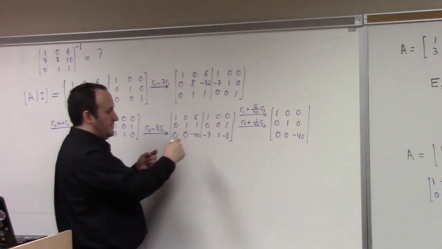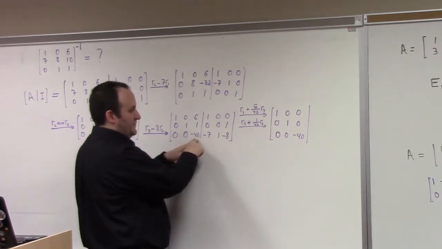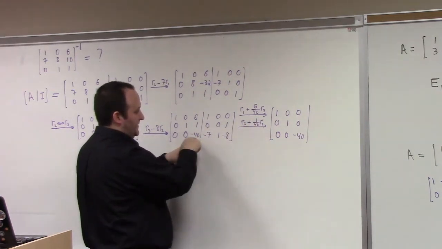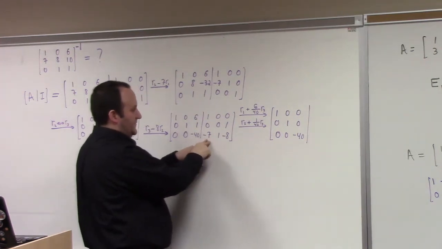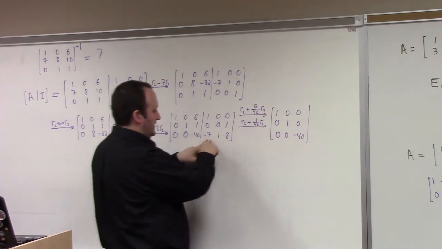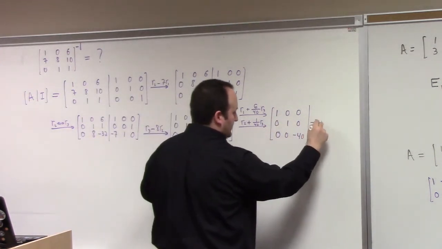See what I did? Dividing by a 40 makes that minus 40 into a minus 1. This becomes a minus 7/40. Oops, that's fine. Minus 7/40.